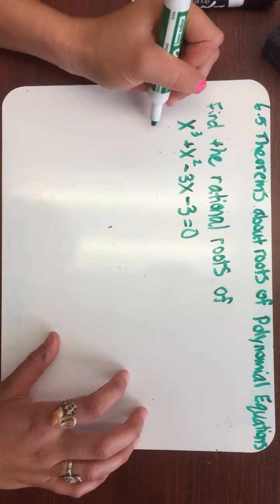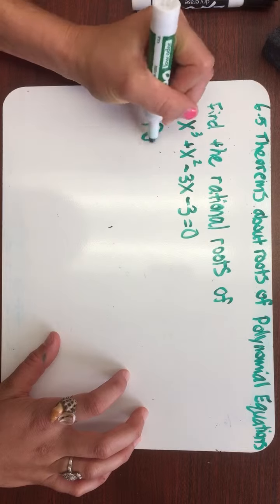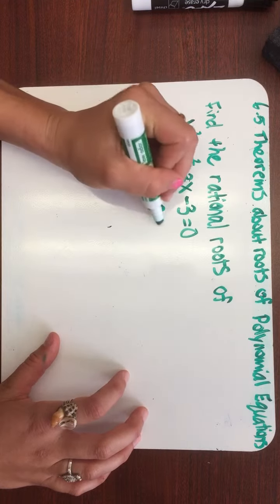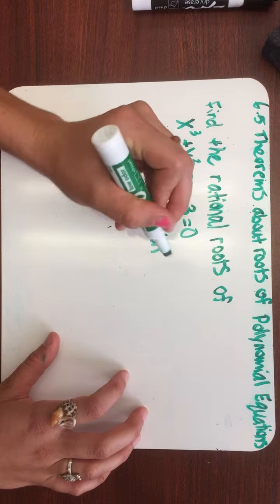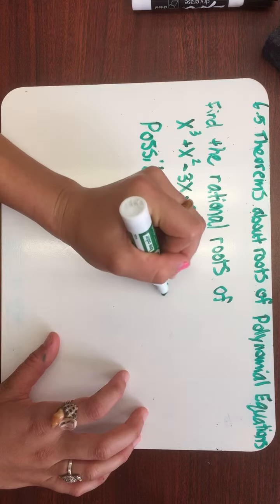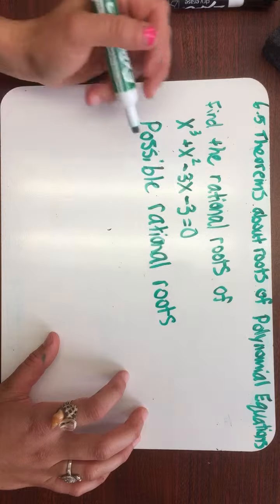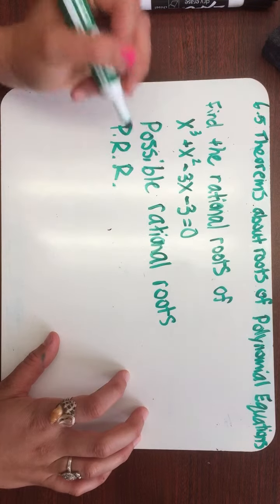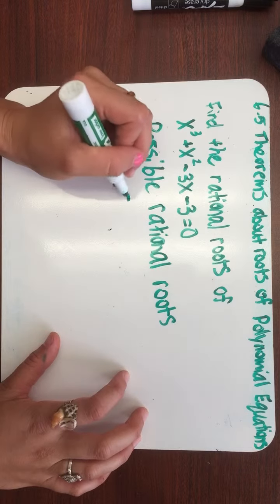So to start, we're going to first find the possible rational roots. And I'm just going to write that as PRR, possible rational roots.